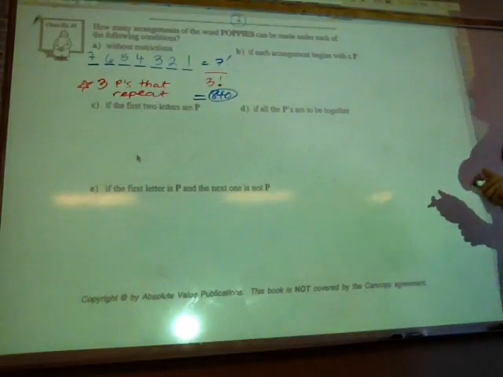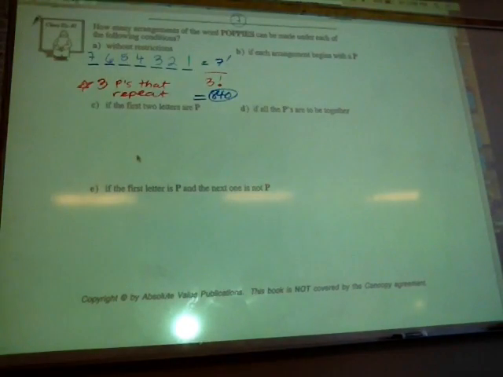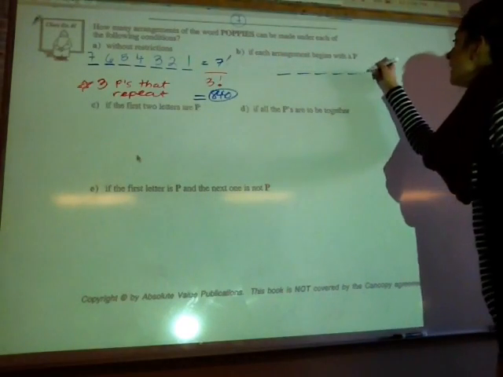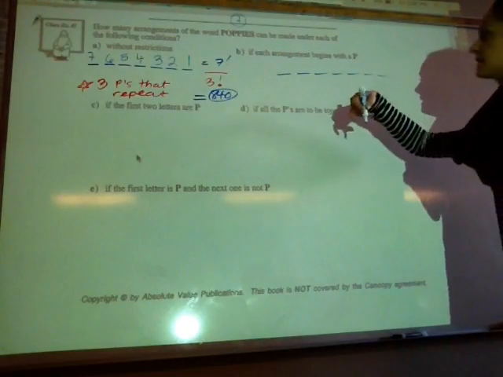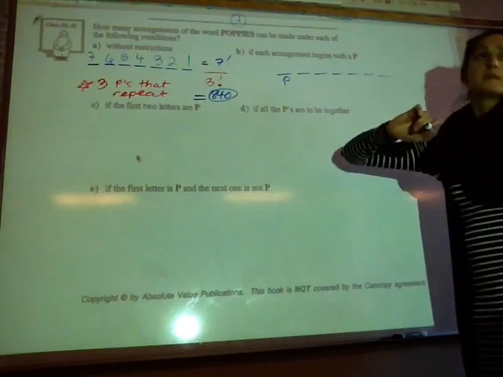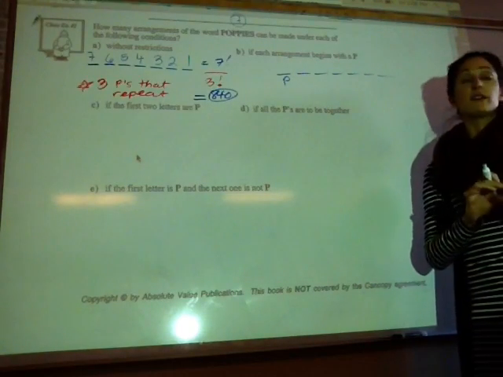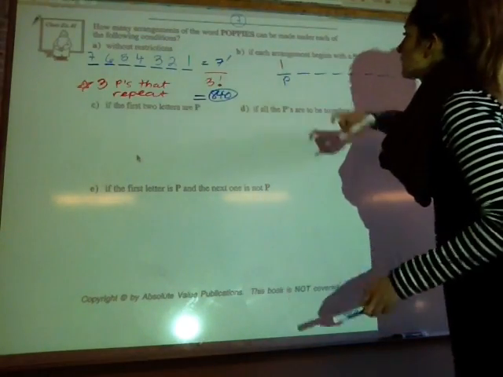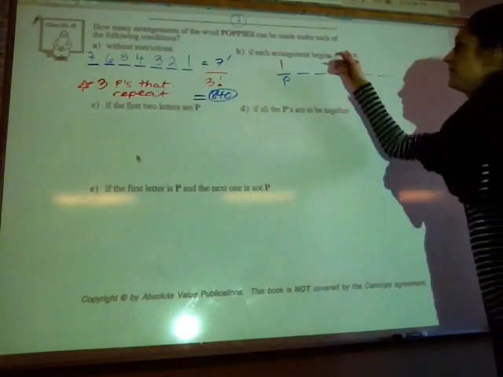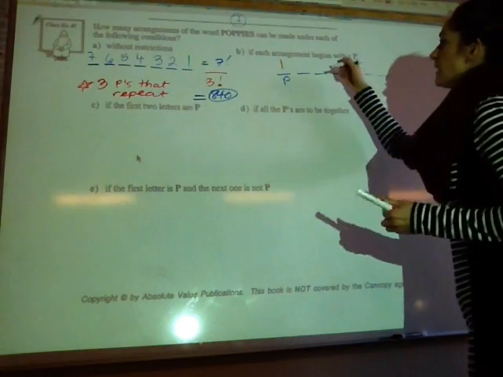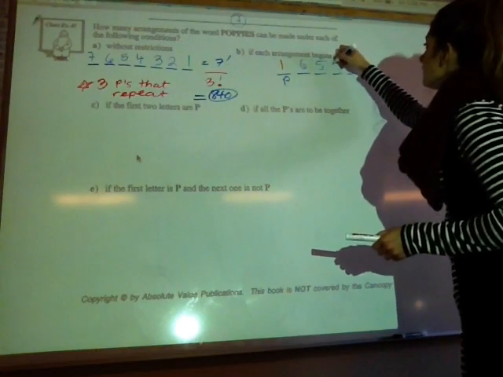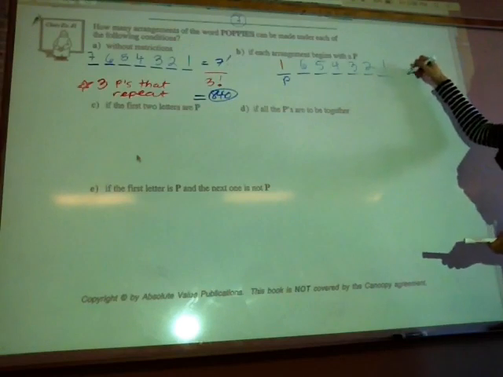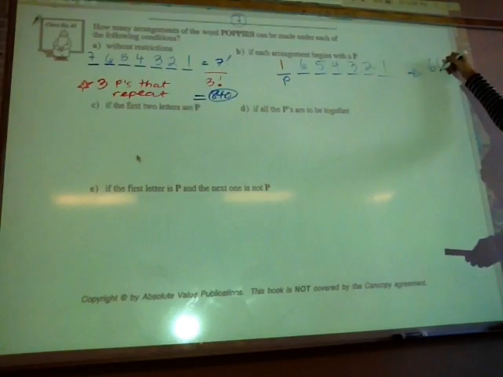Alright, part B. If each arrangement begins with the letter P. So 1, 2, 3, 4, 5, 6, 7 spaces. The first space must be occupied by a P, so I only have one choice. It has to be a P. And then I have 6 letters left. So 6, 5, 4, 3, 2, 1, which gives me 6 factorial.